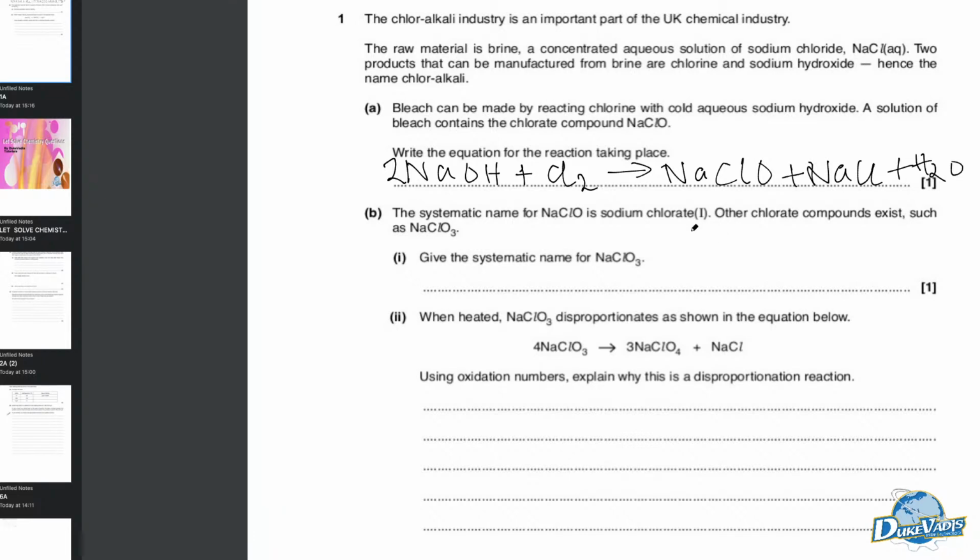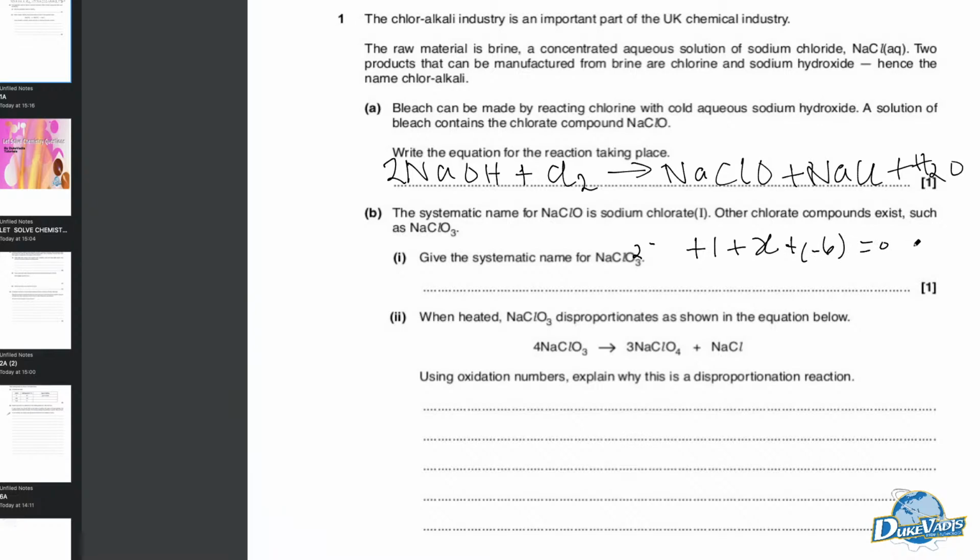We always know sodium is +1, and the chlorine, which we don't know, we call X. Then we add the oxygen, which is always 2 minus, so that will give us X plus 1 minus 6 is equal to 0.